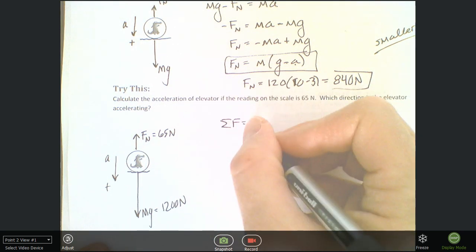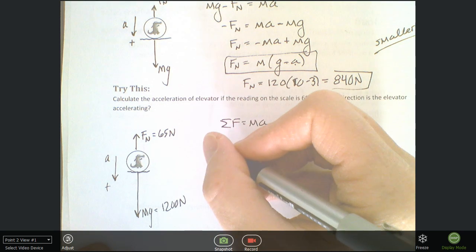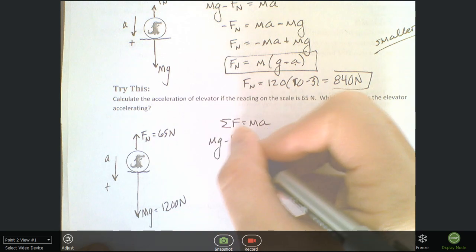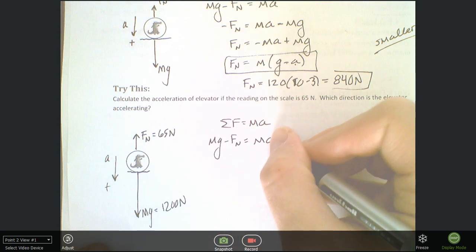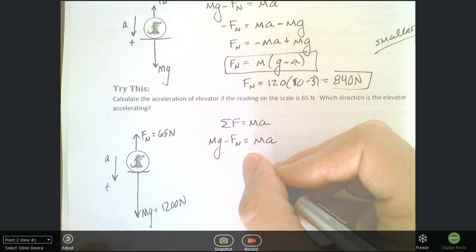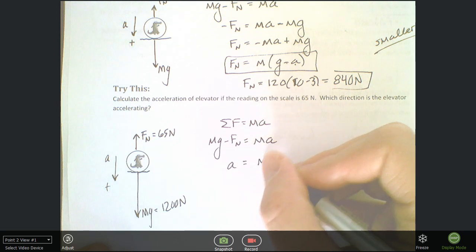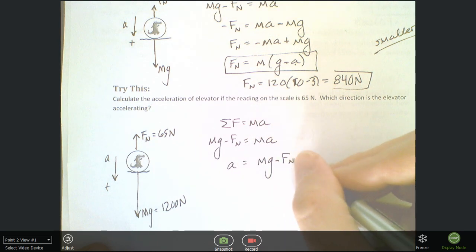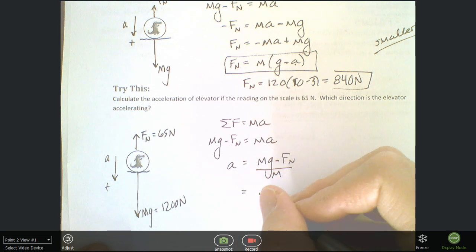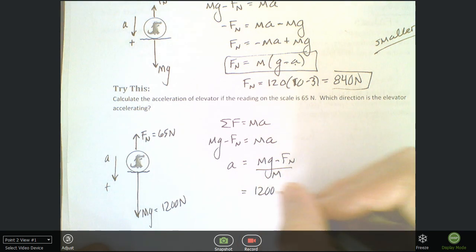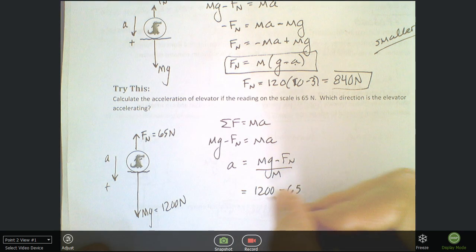Sigma F equals ma, mg minus Fn equals ma, and therefore the acceleration is mg minus Fn over the mass. 1,200 less 65 divided by 120.